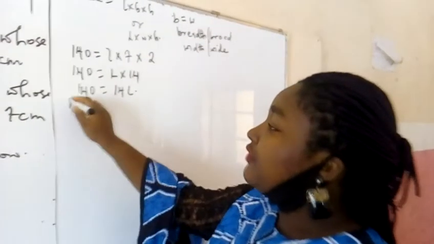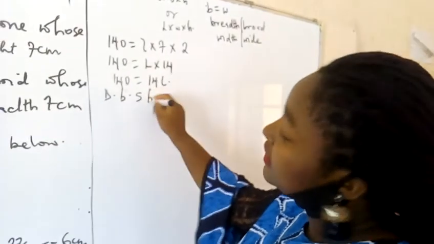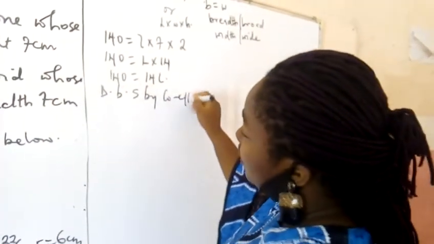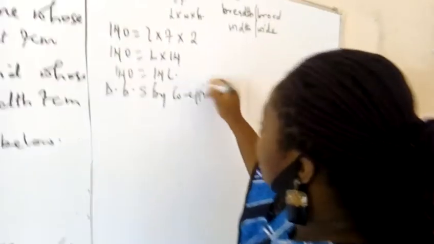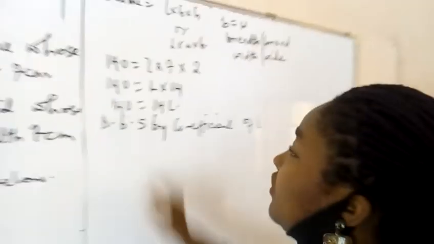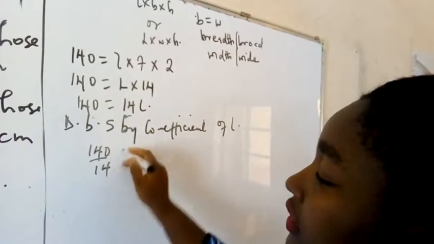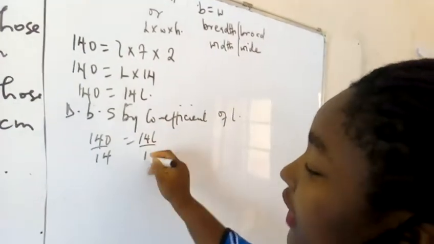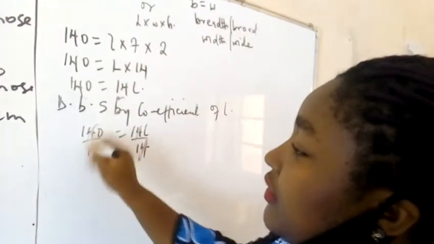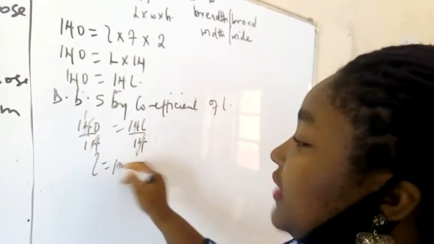What do you do? You divide both sides by the coefficient of L, which is 14. We say 140 over 14 is equal to 14 L over 14. Then we say L is equal to 10 centimeters.